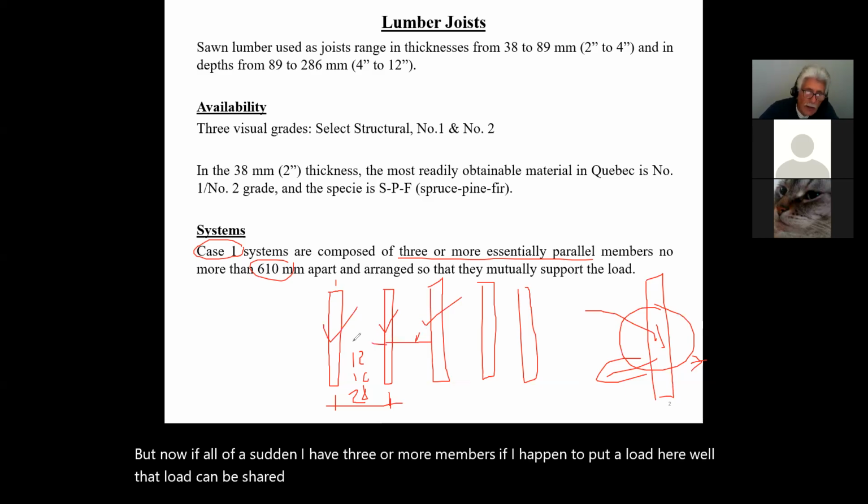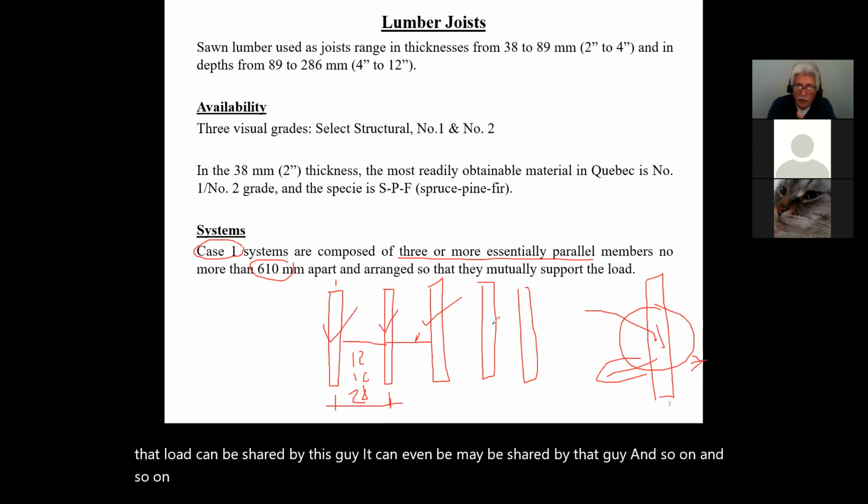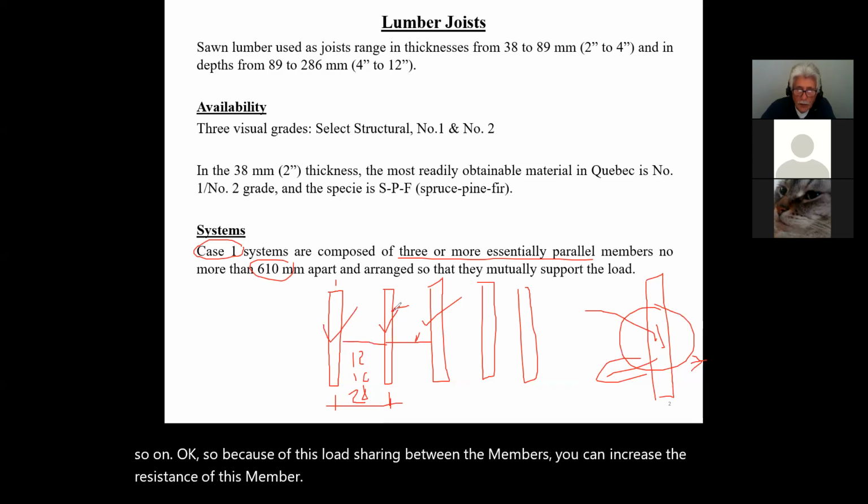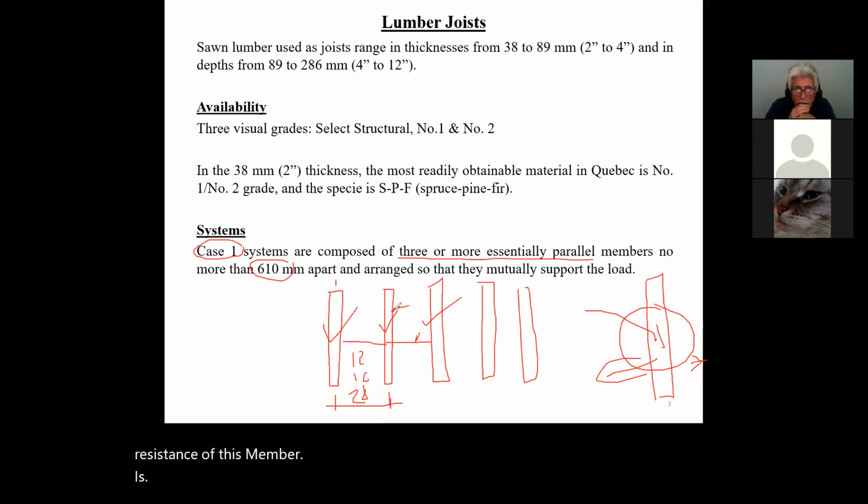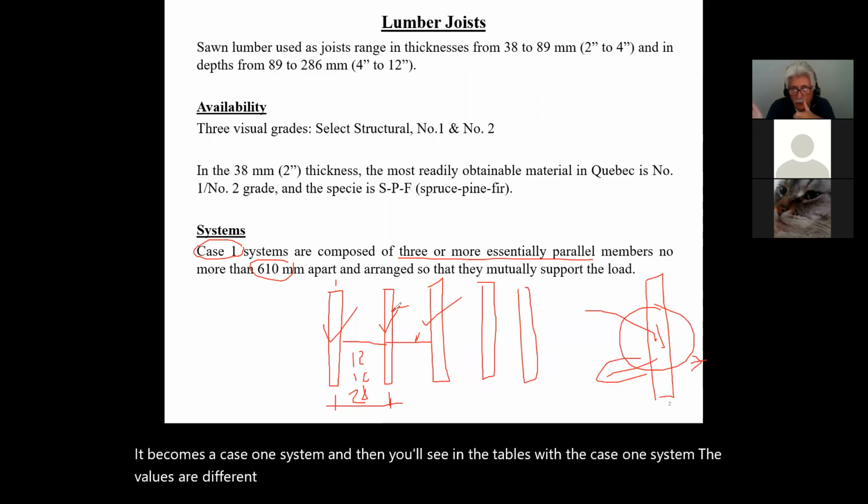It can even be shared by that guy, and so on. Because of this load sharing between the members, you can increase the resistance of this member. So it becomes a case 1 system, and then you'll see in the tables that with a case 1 system, the values are different than a case 2 system. Okay, so that's what it means.